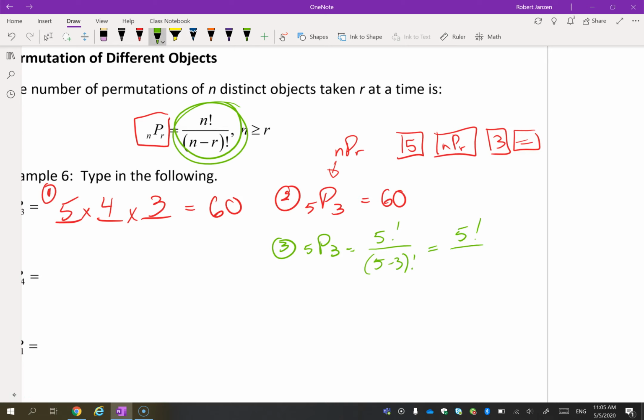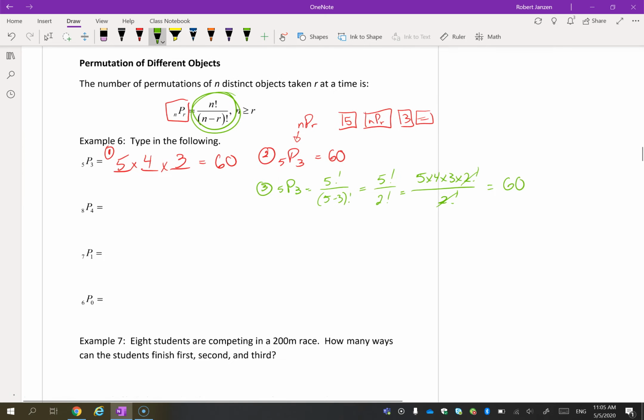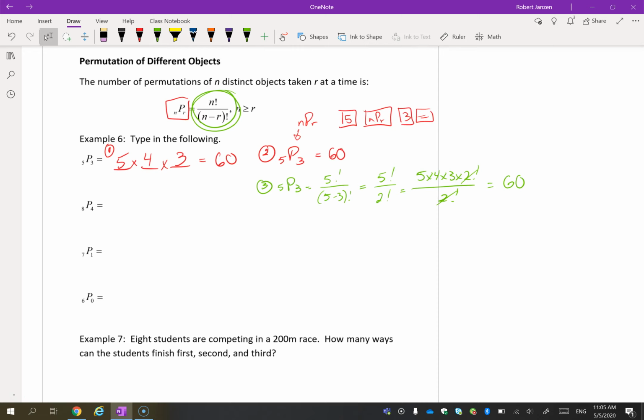Because what is 5 factorial over 2 factorial? This is 5 times 4 times 3 times 2 factorial over 2 factorial, which is back to what we did originally, 5 times 4 times 3. Okay, all three methods you should know how to do. So why don't you try the next couple? Use a calculator for one, use a formula for the second, use a calculator for the third.